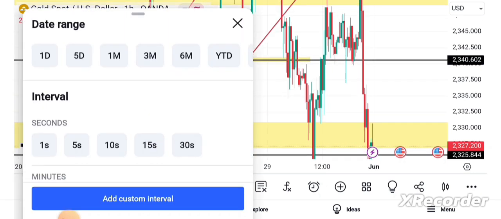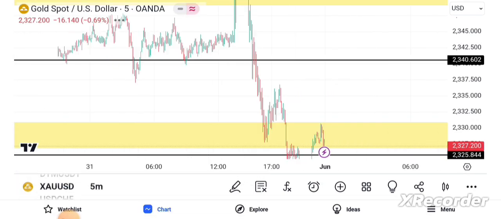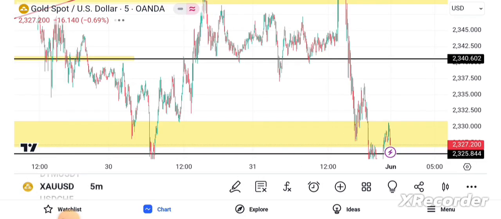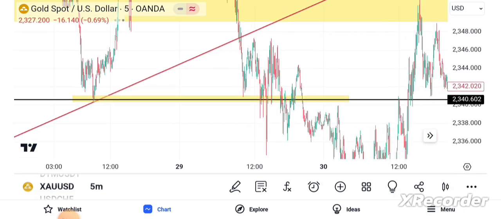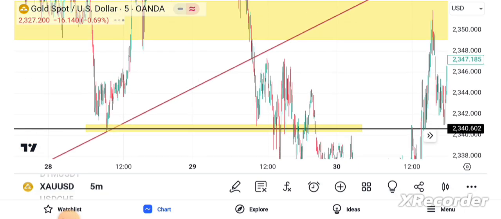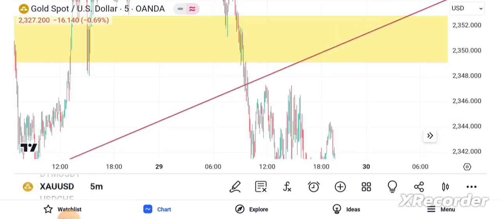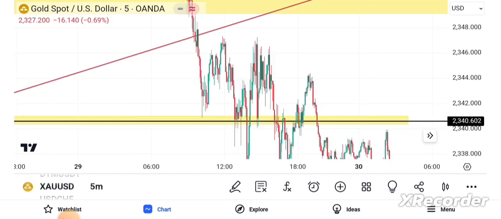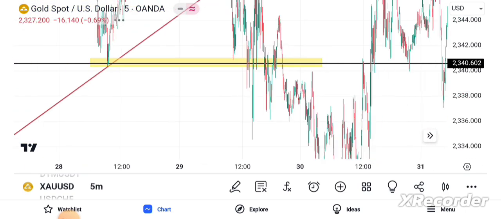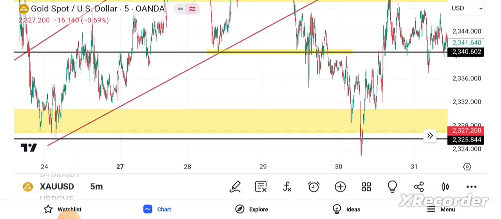So if I scale lower to the 5 minutes time frame, we'll see how price moved from the breakout. See, price broke out, then came down here before moving all the way down to our second TP.